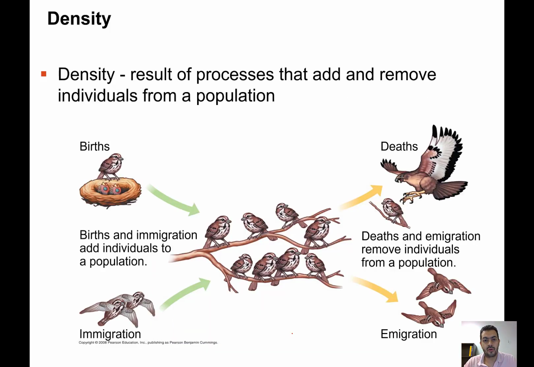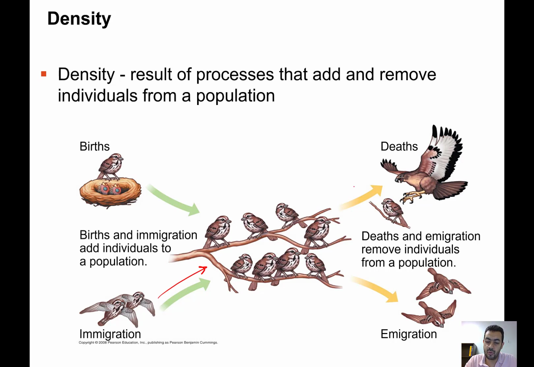The second item we are going to discuss is the density. Density is defined as the number of individuals per unit area or unit volume, and there are 4 different processes that add or remove individuals within a population. Two processes that add are birth and immigration, the movement of birds from their native or birth environment to join a new population.